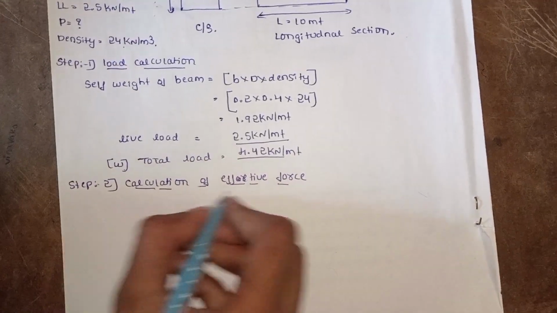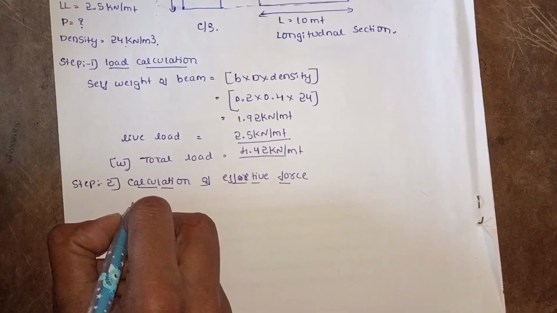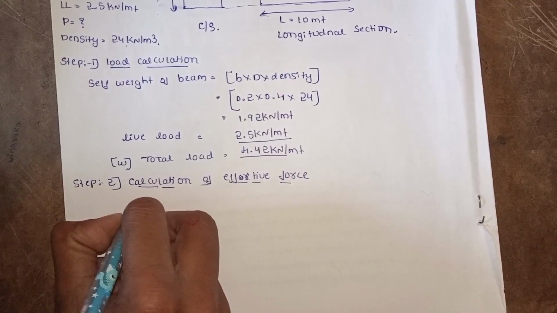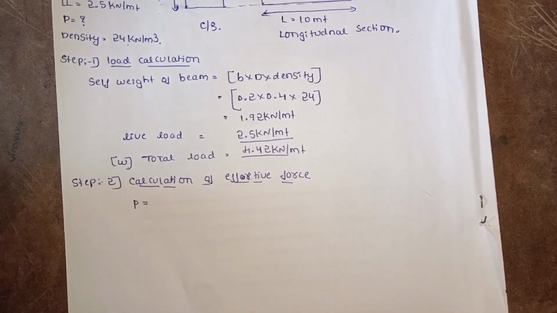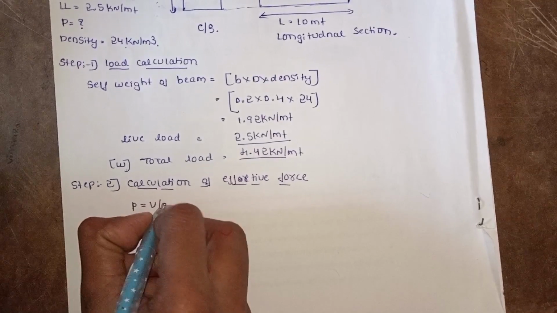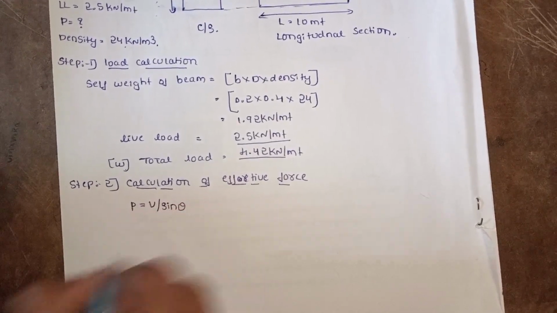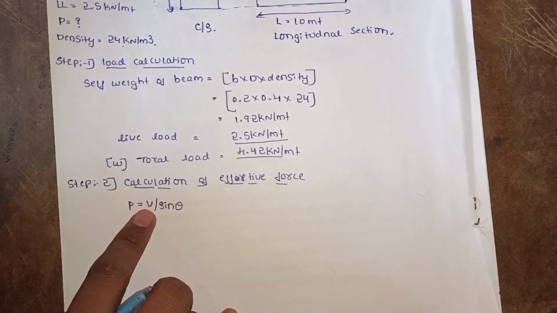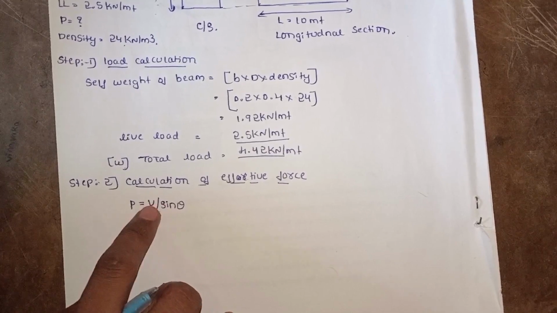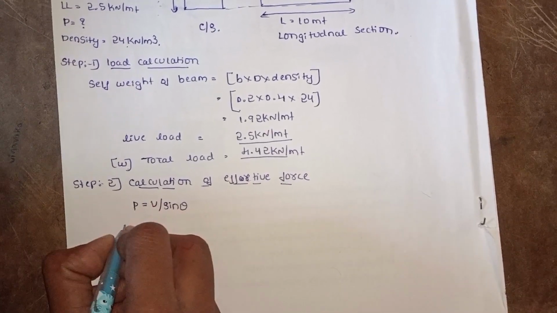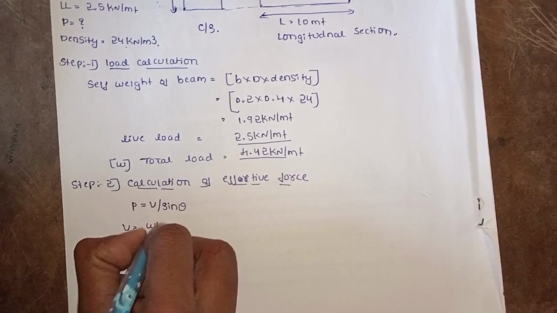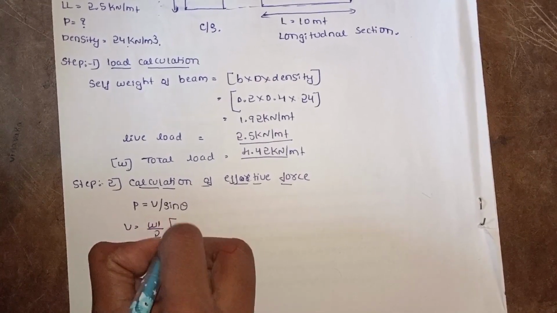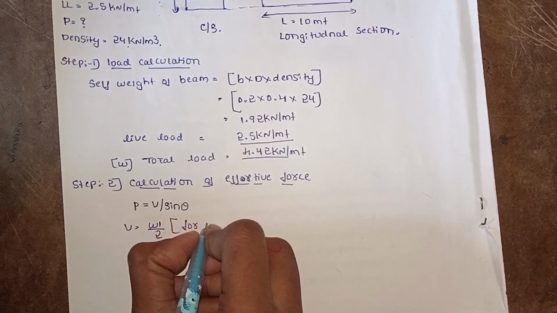Okay, so formula is P equal to V by sin theta. Okay, here we don't know V and sin theta. Okay, first find the V and sin theta. Okay, so V formula is WL by 2. Okay, for simply supported beam.